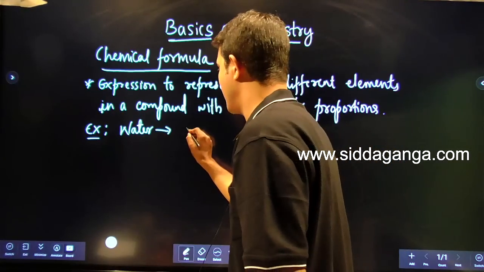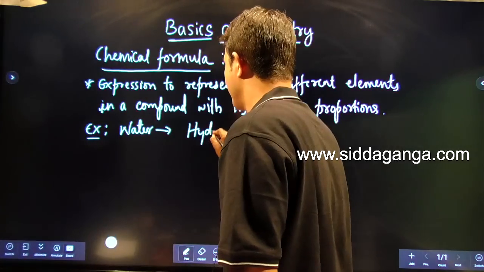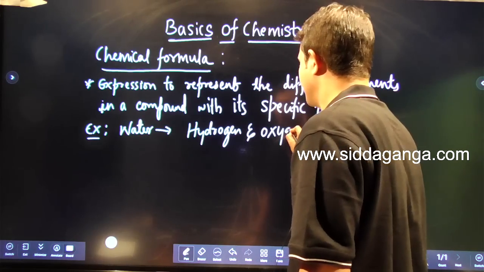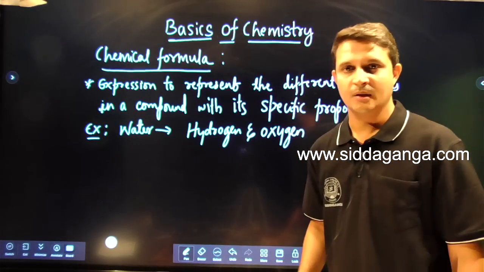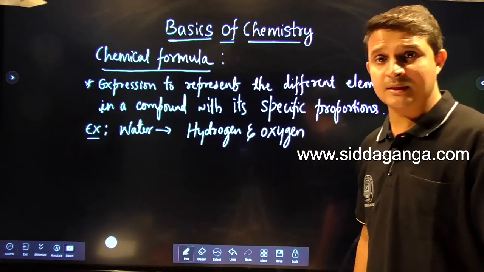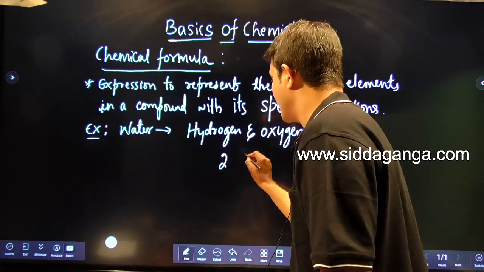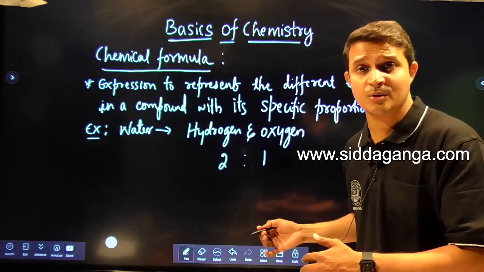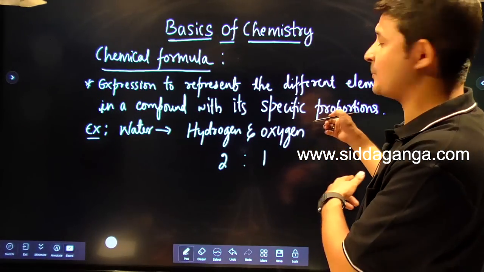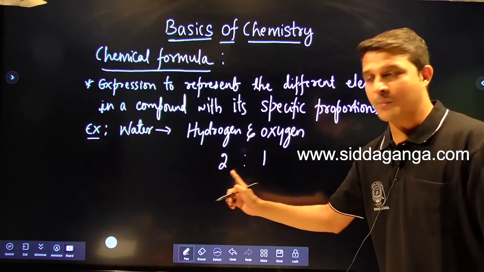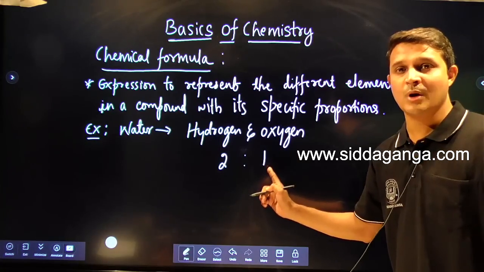It is made up of hydrogen and oxygen. These hydrogen and oxygen are present in the ratio 2:1. They are not at all present in a 1:1 ratio. So that is nothing but the specific proportions we are representing. Hydrogen 2 proportion, oxygen 1 proportion.